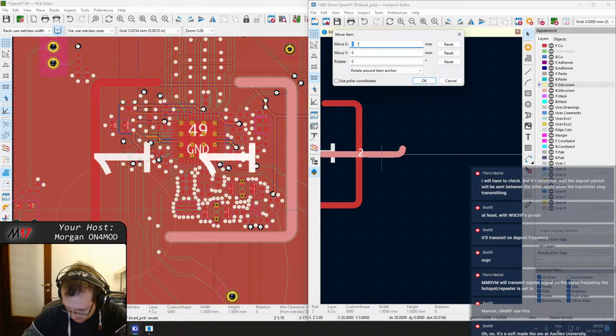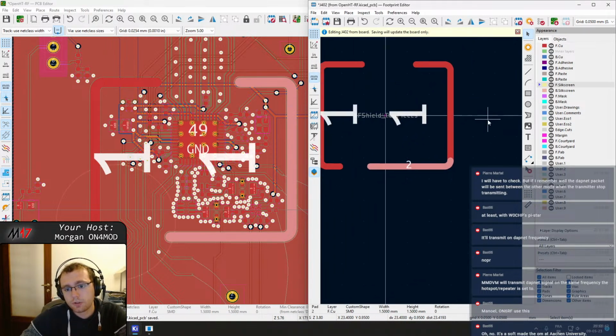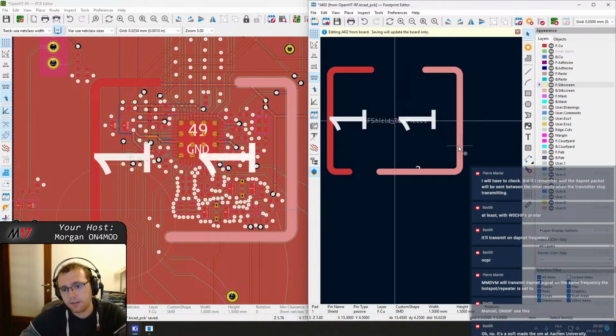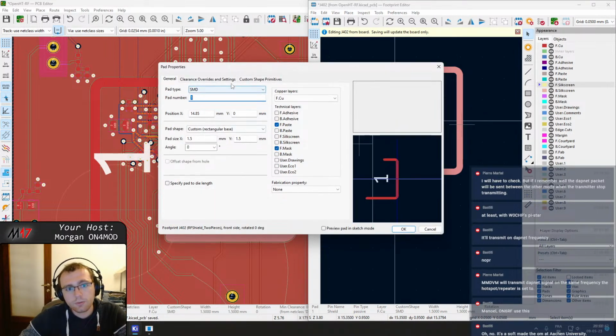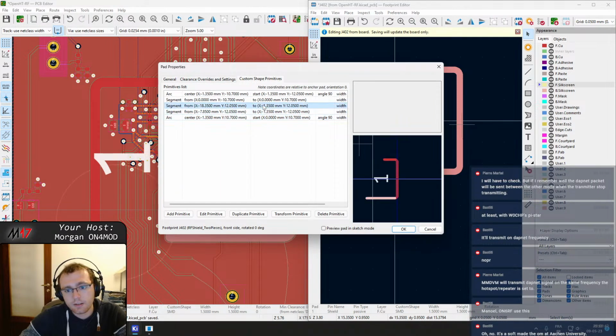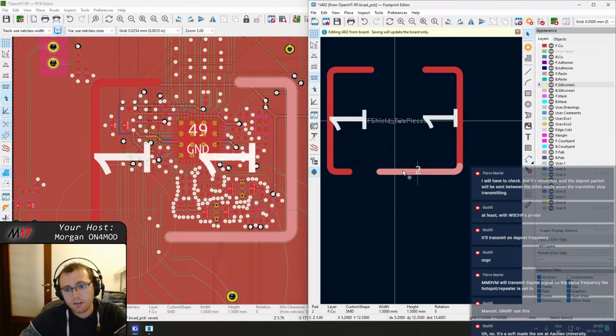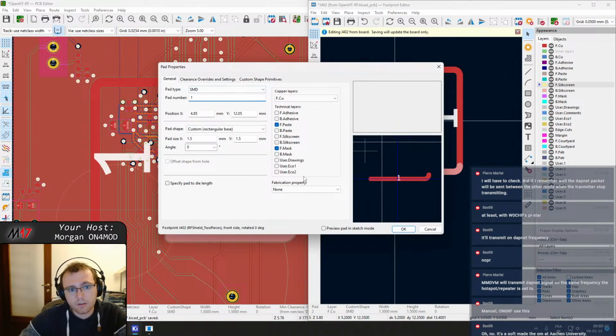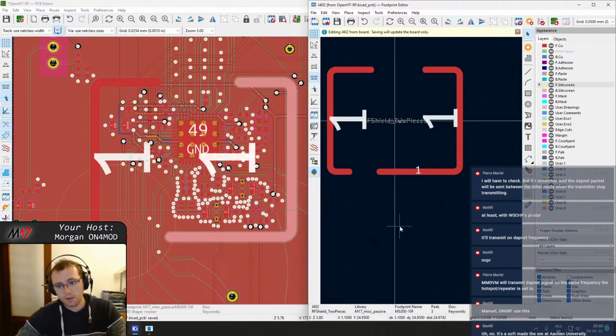So X it would be minus 10 and Y it would be 12.05. And boom, here we go. It stays in the same place. And for that one I can then remove at least this. Also this one needs to be pad number 1, 2.